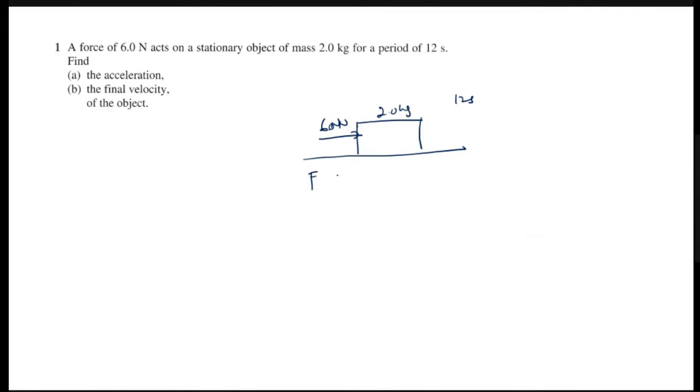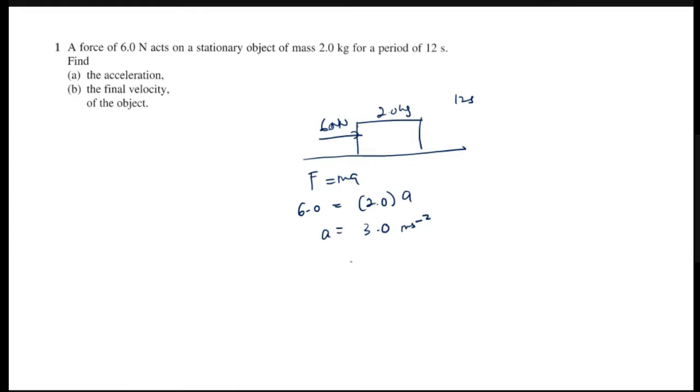We can start with F equals ma because we already know the mass does not change. If it changed, we could not use F equals ma. Force is 6.0 Newton, m is 2 kilogram, and we have acceleration. Acceleration is 6 divided by 2, so acceleration will be 3.0 meter per second squared.